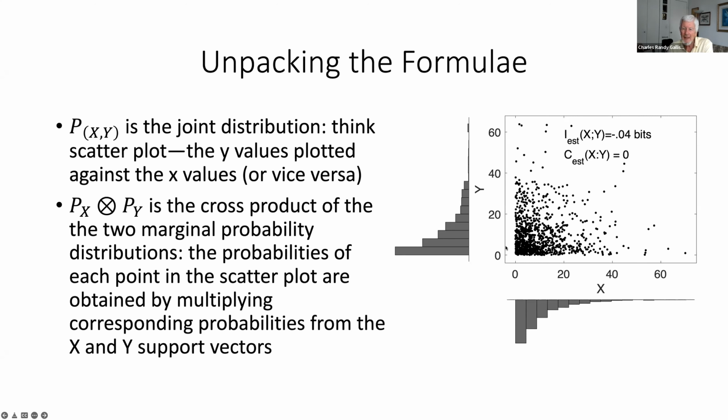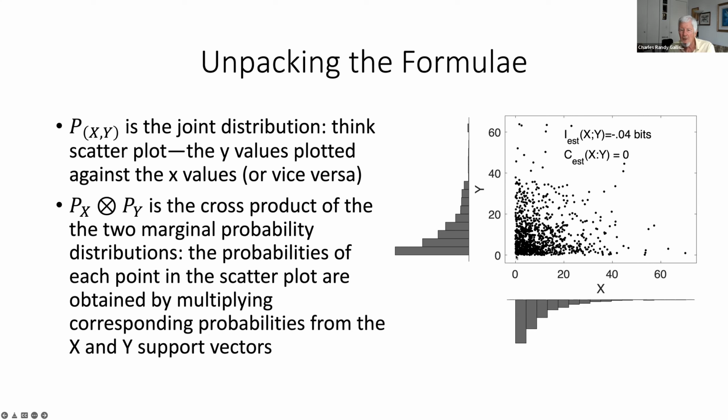Let me unpack this some more. So remember, it's the information that you gain about X, or as it turns out about Y, by knowing a value for the other one. So think of it in terms of horizontal slices through this distribution.